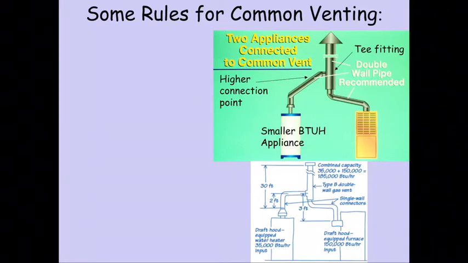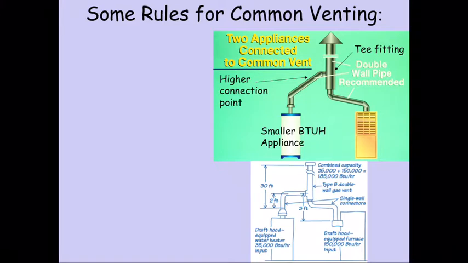All right, so let's take a look at some of the rules for common venting. So I've listed on this image here a couple of pictures, and I've got two appliances connect to a common vent on this one. Again, the smaller appliance always has to be the higher connected appliance.